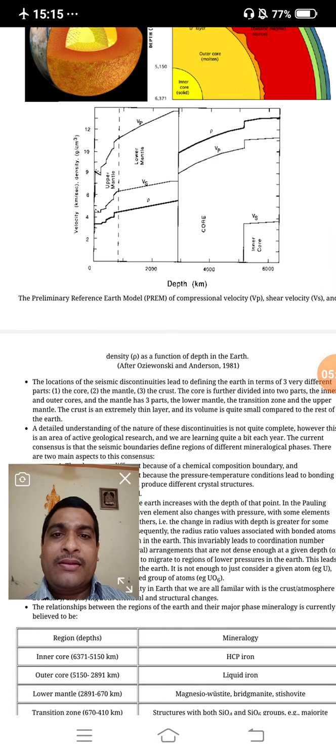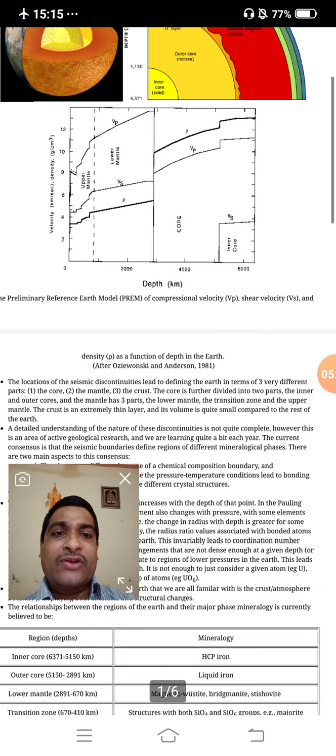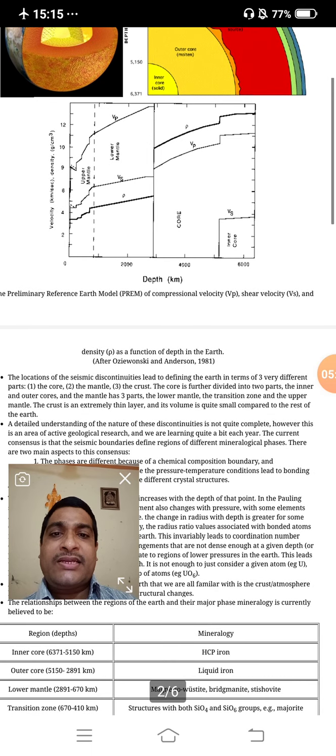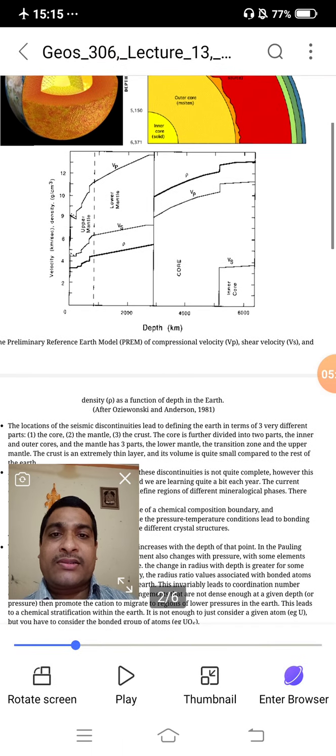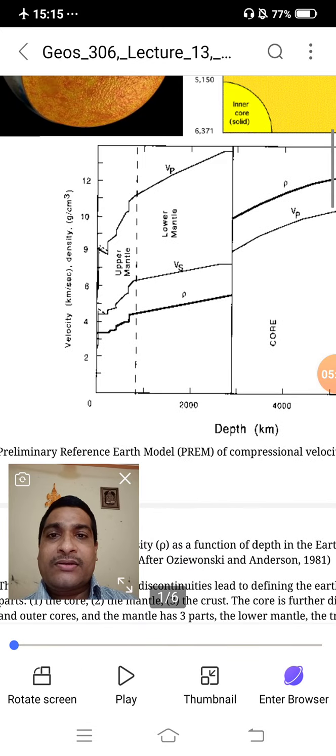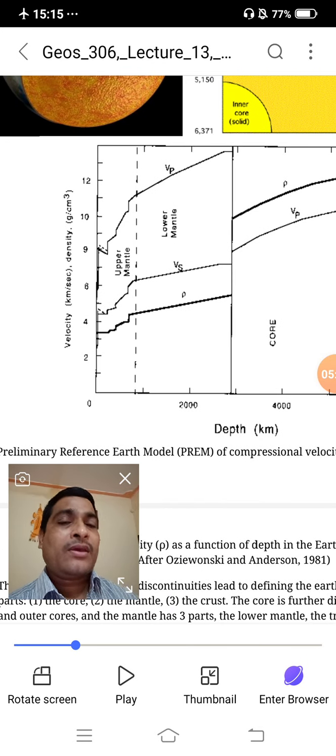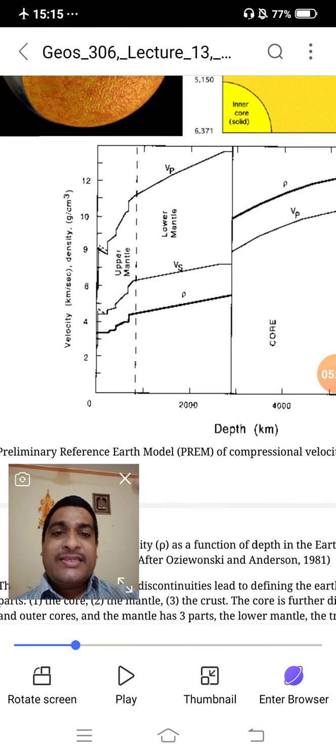Okay, this is the preliminary reference Earth model of compressional velocity, shear velocity and density as a function of depth in the Earth. This is the diagram of the density of the Earth. You know, the density of the Earth also increases with depth.